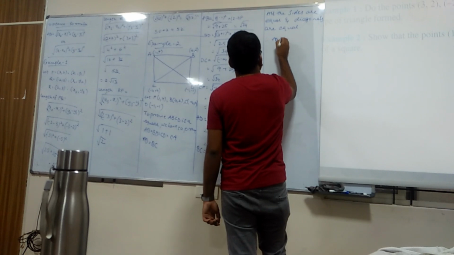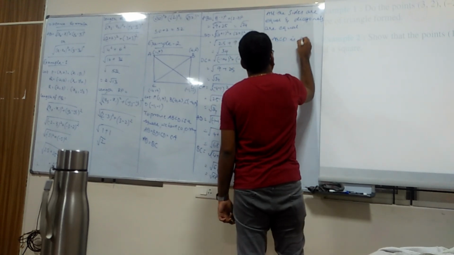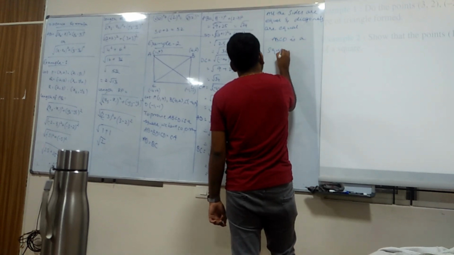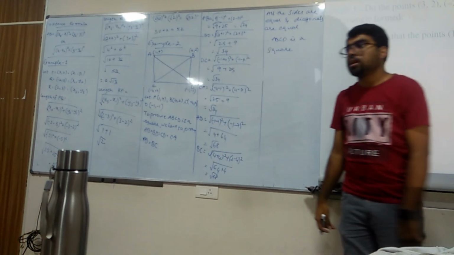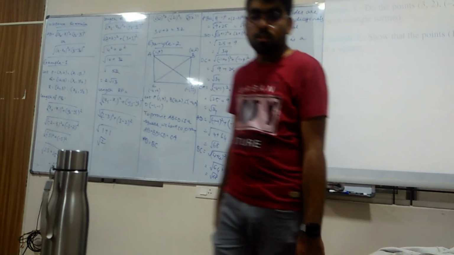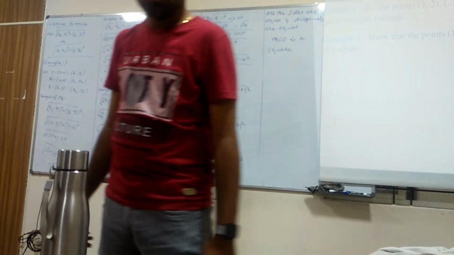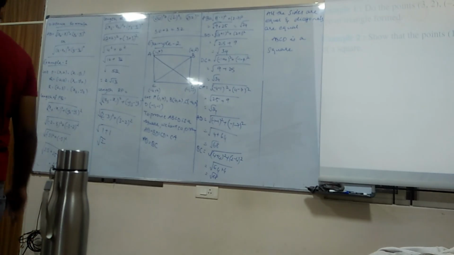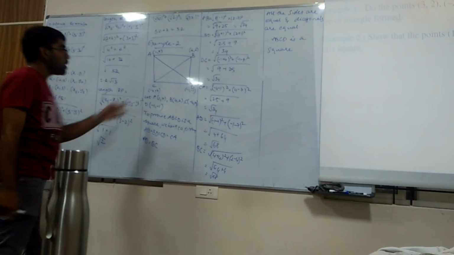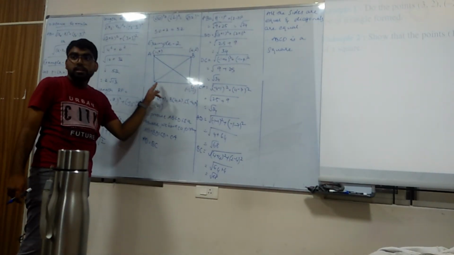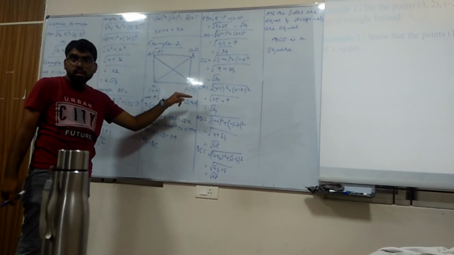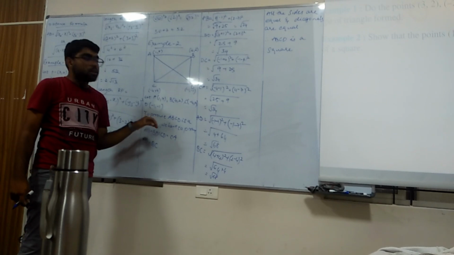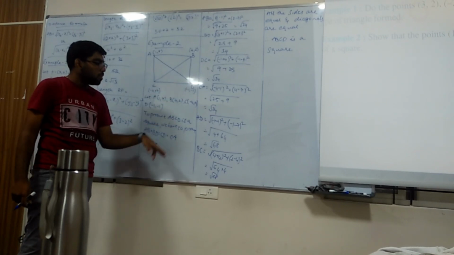Therefore, ABCD is a square. Children, if you take it like this also, instead of ABCD, what you will be getting is your diagonal value.